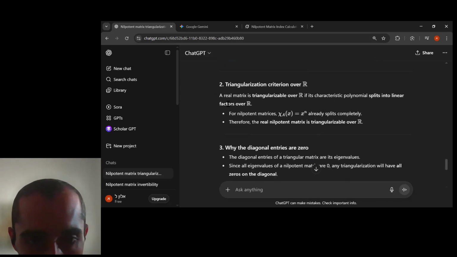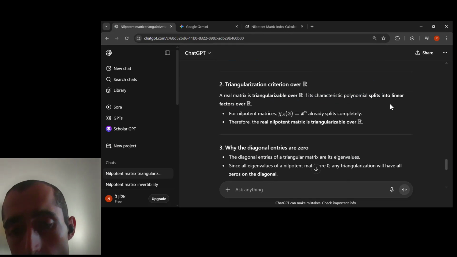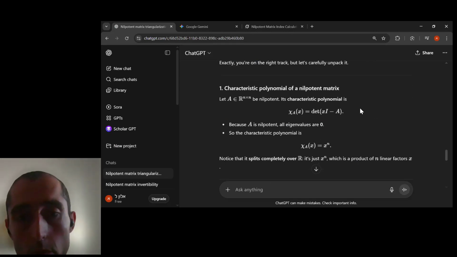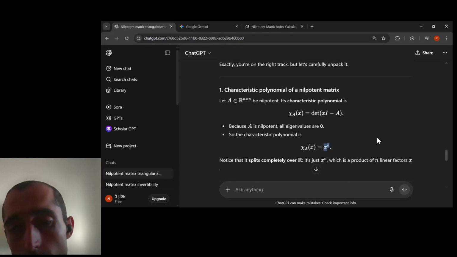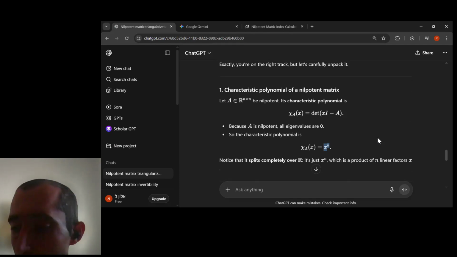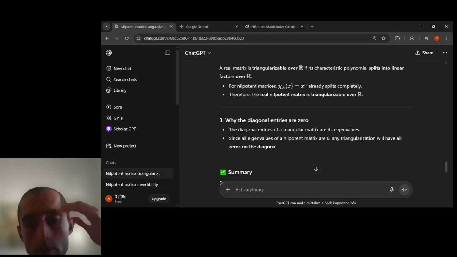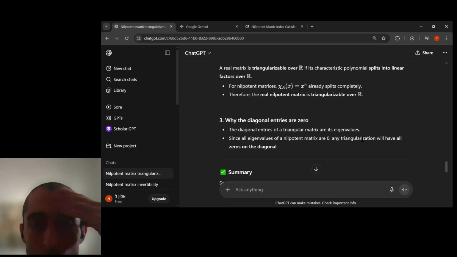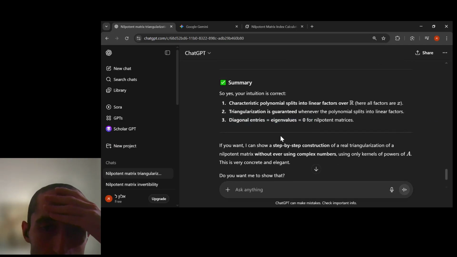A real matrix is triangularizable if the characteristic polynomial splits into linear factors over R. Every nilpotent matrix can be split into linear factors because this is the characteristic polynomial for some arbitrary n, so it must split even over the reals. So a nilpotent matrix must be triangularizable. Okay, so this was an important key factor.